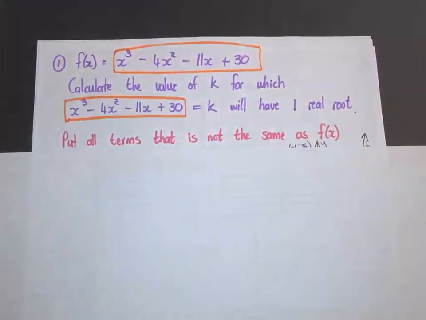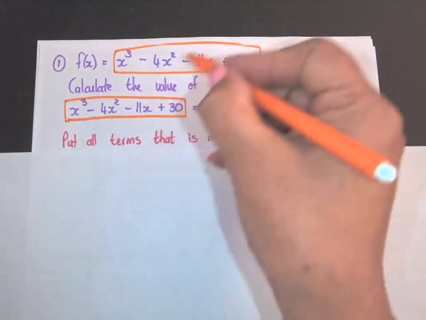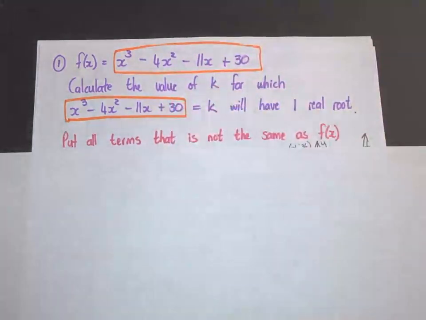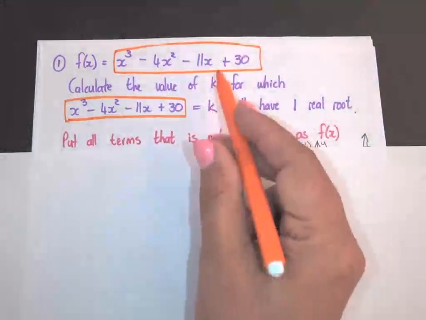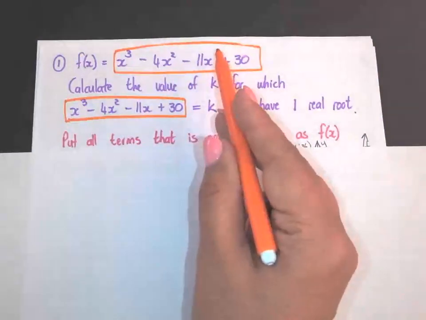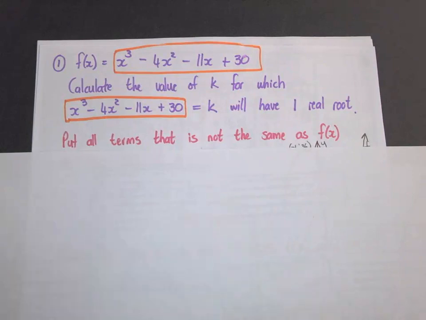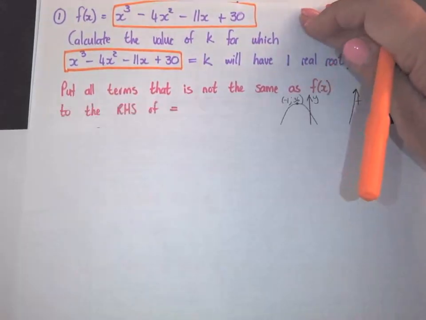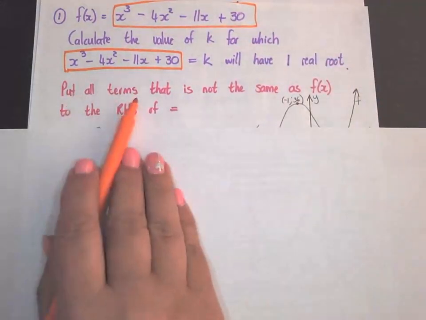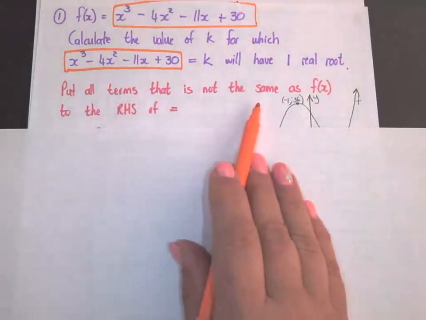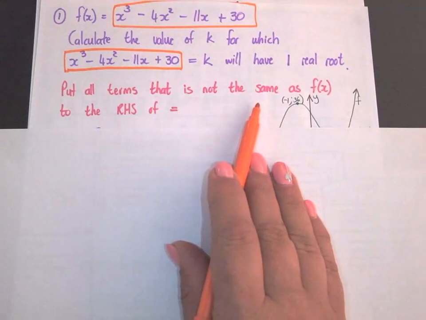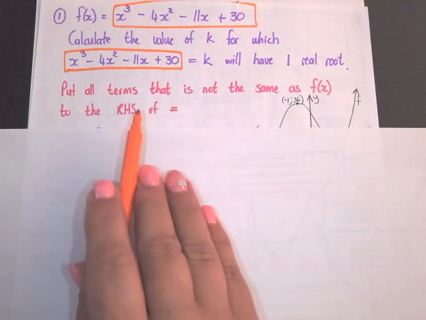That must be the same. All the other stuff that's not the same as the given function must go to the other side. So K is not part of the original one. He must stand alone on the other side. Okay? So that is the first step. Put all the terms that are not the same as f(x) to the right or to the left of the equal sign.